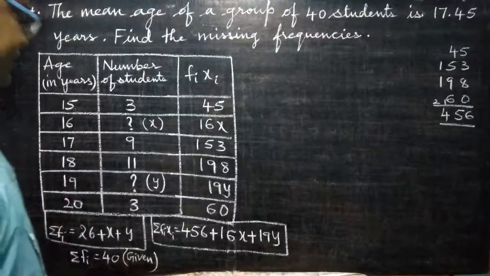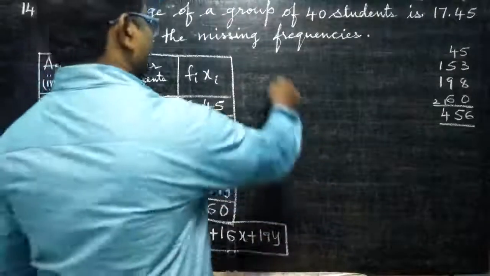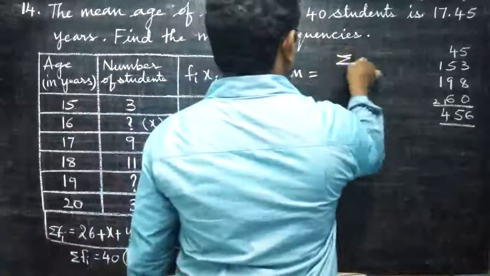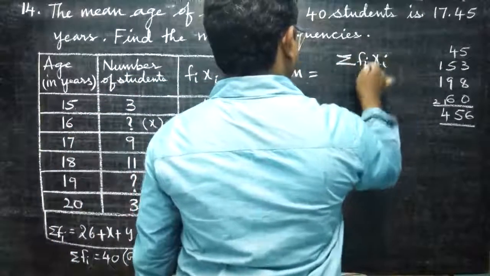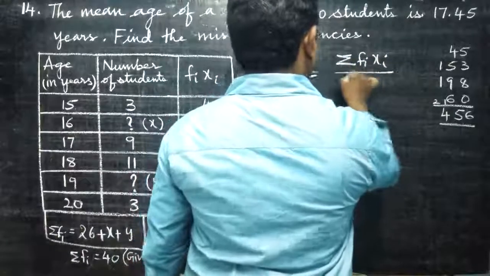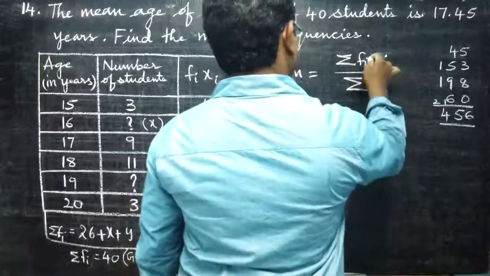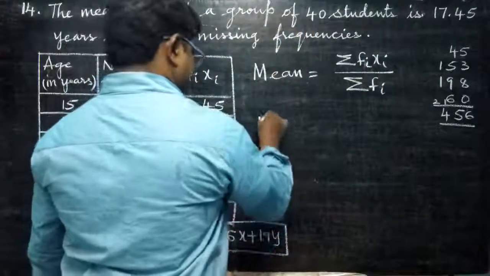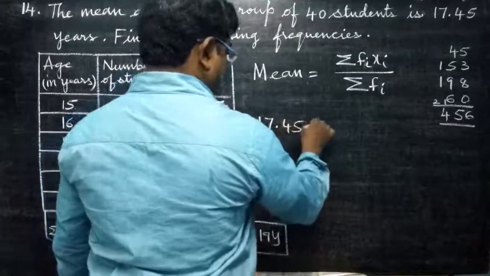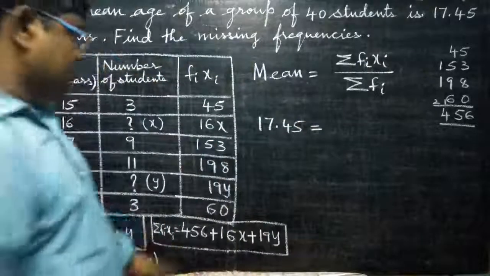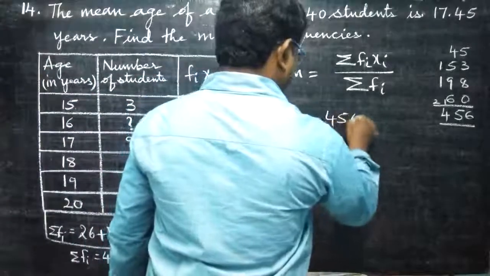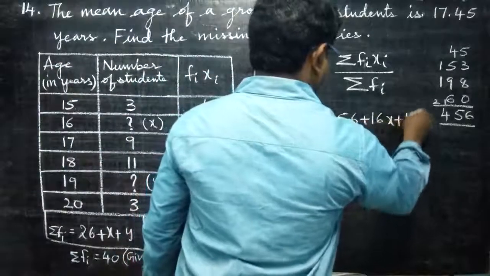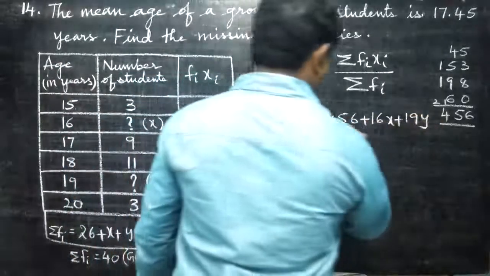So simplify carefully. Now, the mean formula is equal to sigma fi xi by sigma fi. Now, mean how much they gave? 17.45 is equal to 456 plus 16x plus 19y by 40.